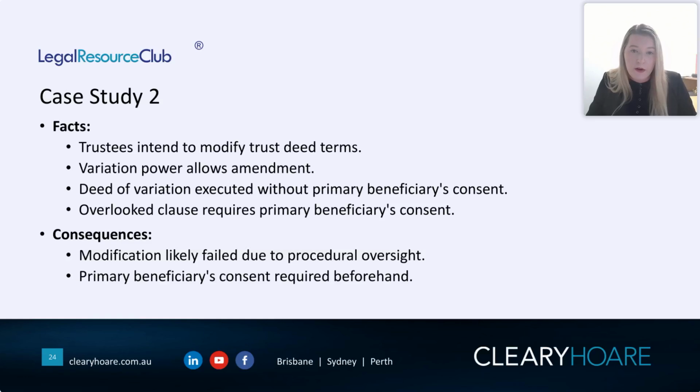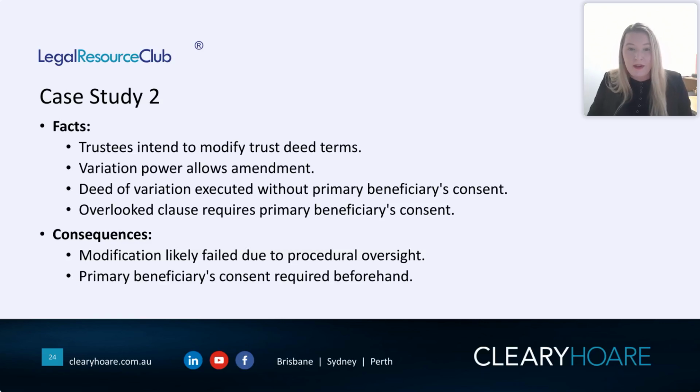But later on, it came to their attention that there was a separate clause within the trust deed that says that the written consent of the primary beneficiary will be required before the trustee may amend the terms of the trust. So that then posed an issue because the consent hadn't been obtained before the variation was executed.